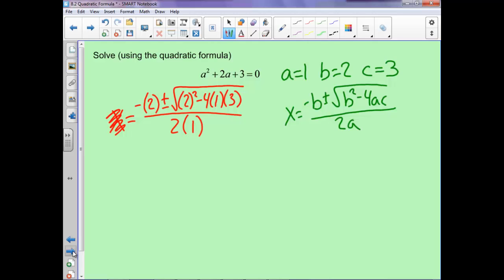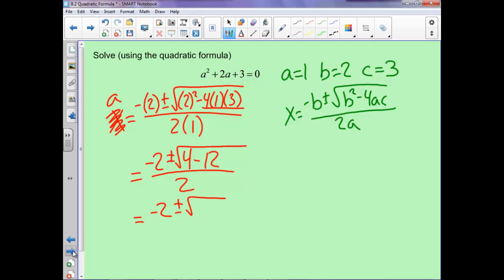Whoops, and we don't have an x, we've got an a. So negative 2 plus or minus square root of 2 squared is 4. Negative 4 times 1 is negative 4, times 3 is negative 12. All over 2. And so we'll have negative 2 plus or minus square root of negative 8, all over 2.